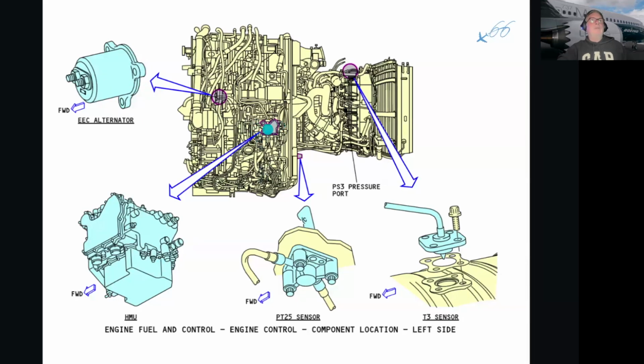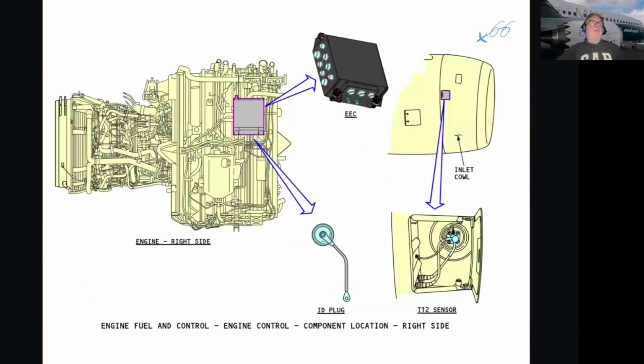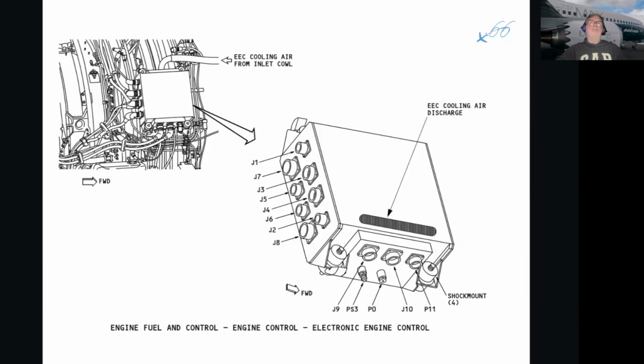The hydromechanical unit, this is its location, and then we have the PT25 sensor. So this is the pressure and temperature sensor at station 25. Other components are the ID plug and the T12 sensor. The T12 sensor is on the inlet cowl, right at the front of the engine, and the ID plug as well is connected to the engine.